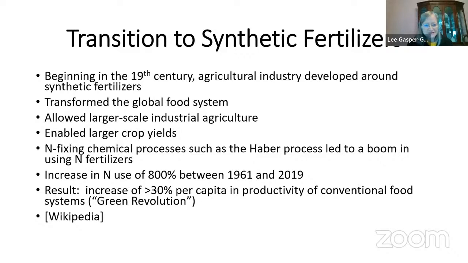The nitrogen fixing chemical processes such as the Haber process led to a boom in the use of nitrogen containing fertilizers. The increase in nitrogen use was 800% between the years of 1961 and 2019. And the result of this was a greater than 30% increase per capita in productivity of conventional food systems. And they referred to this at that time as the Green Revolution.